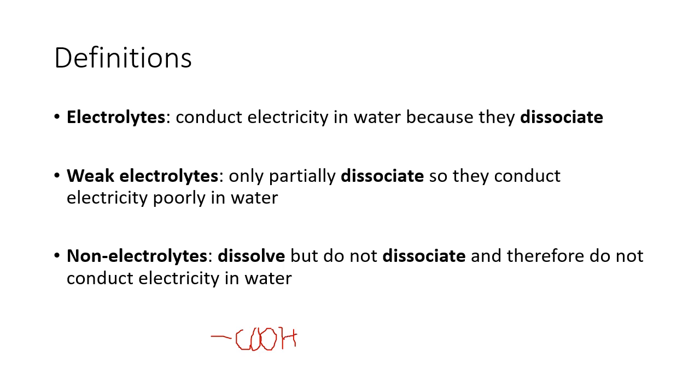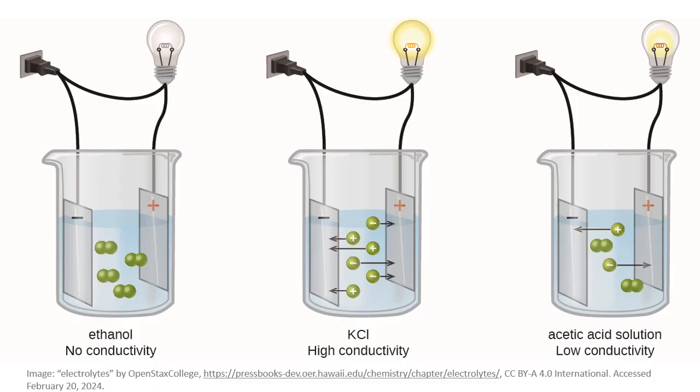Okay, so it'll have that in the formula, or an NH sub X. So this is an amine group and a carboxylic acid group. Both of those will dissociate because one is an acid and one is a base. Okay, so if it's not one of those things and it's an organic compound, not going to dissociate.